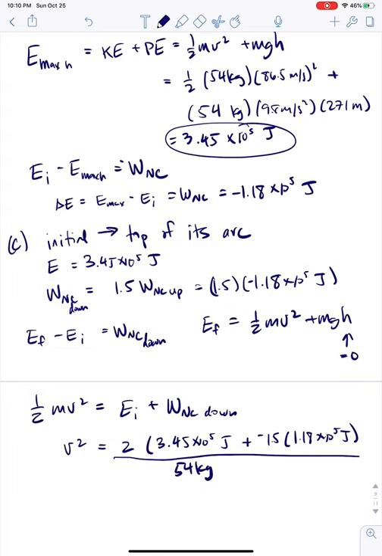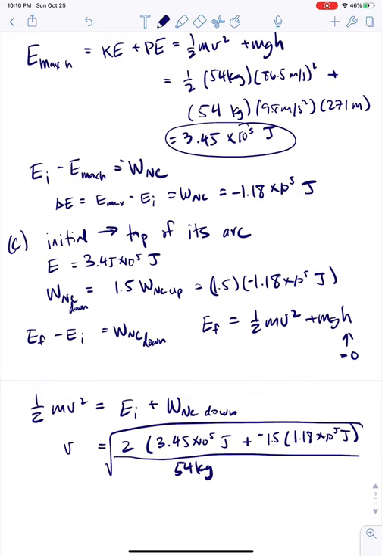So then our velocity is take the square root of all that, which gives us a speed of 79 meters per second.